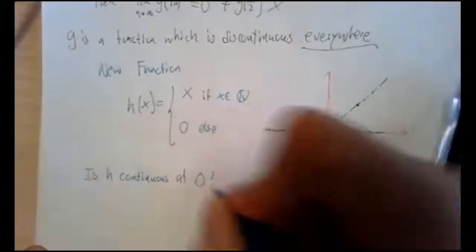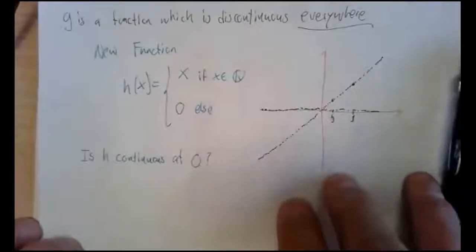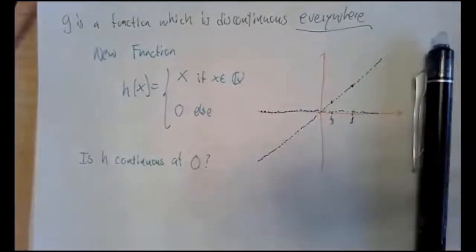Right? Now, observe what's going to happen here. See, we can pick a sequence of rational numbers or a sequence of irrational numbers.